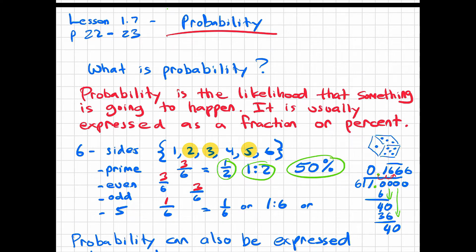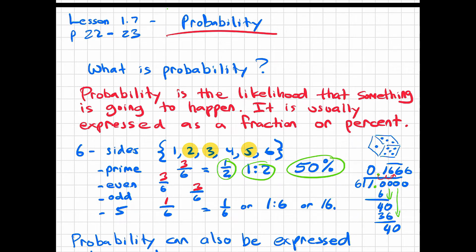So this is 16.666. Now if I tell you to present your answer as a percentage, it's at least 16%, to the whole number. But remember, it wouldn't be 16 if I was rounding to the whole number, because it'd be 0.6, and this number would tell me to bring this 6 up to a 7.